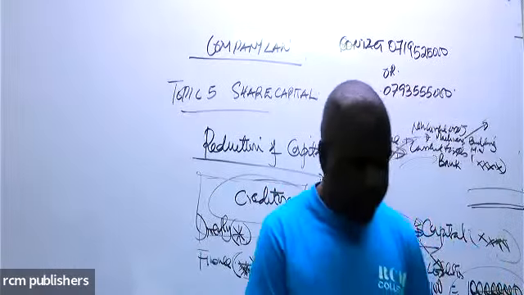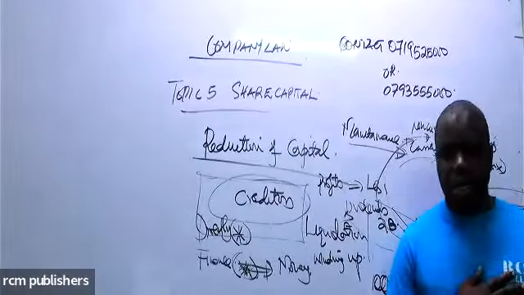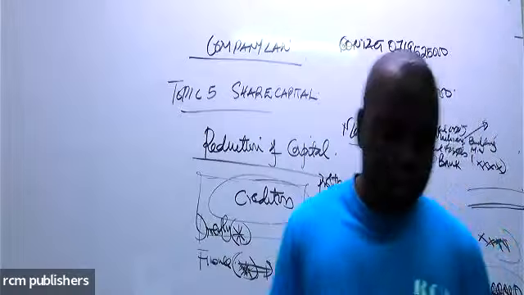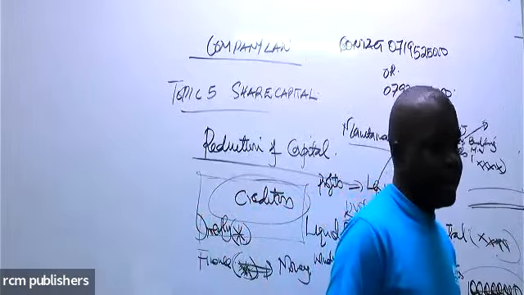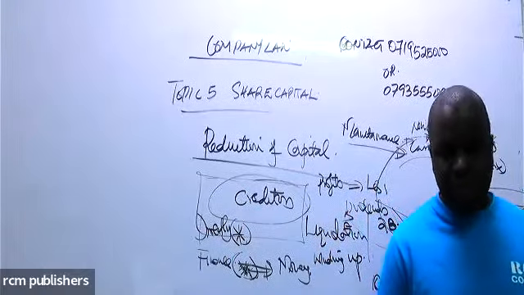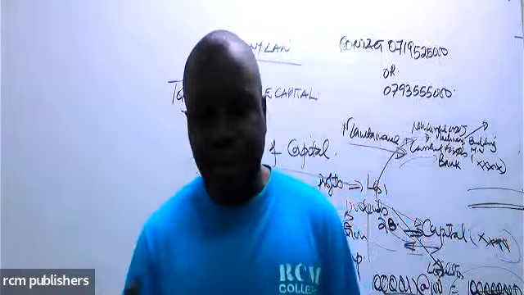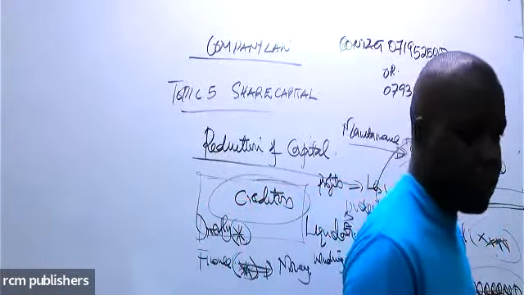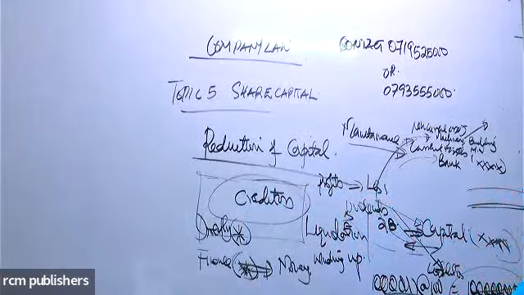So paid up, just from the word itself, is part of the issued share capital that has been subscribed for and actually paid up for by the shareholders. It has already been paid up for. Then issued is that part of the nominal or registered capital that has been issued out for subscription or application by members of the public. Yeah, so that's how we can describe them.